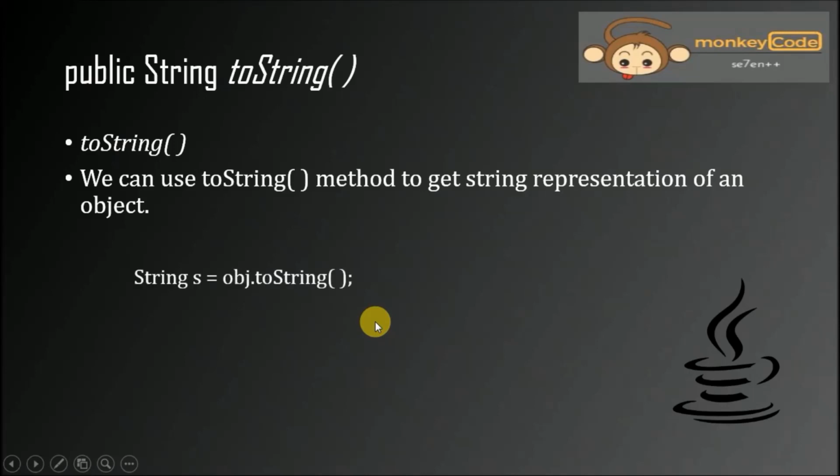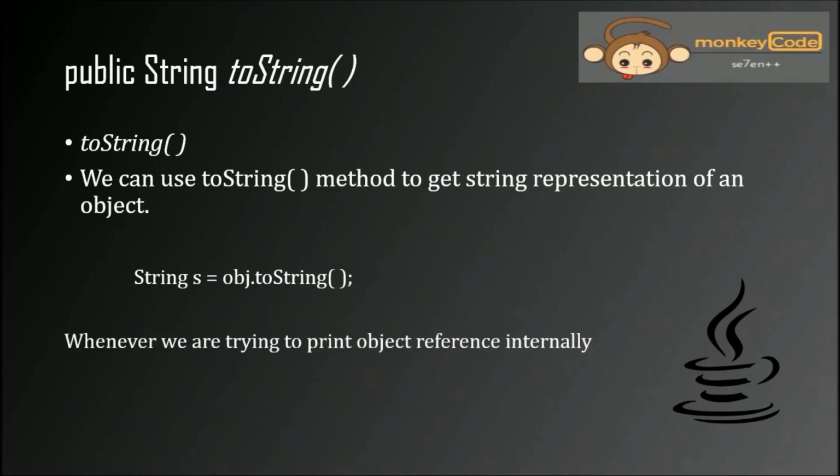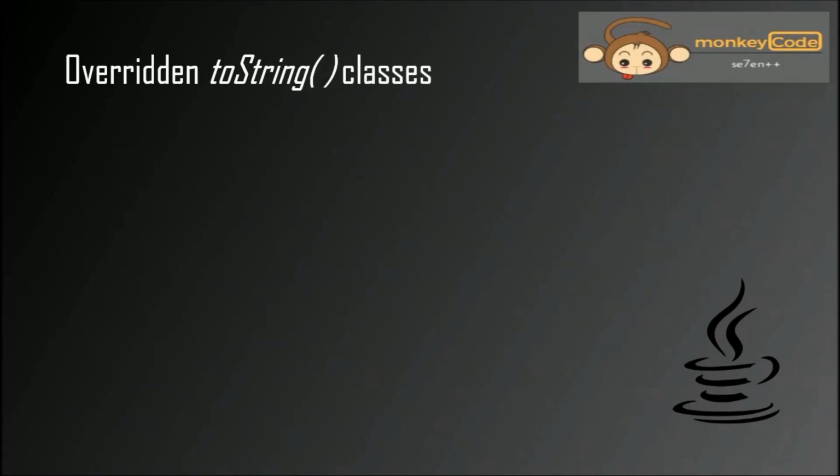String s equals object.toString(). This is our syntax. Whenever we try to print the object reference, the toString method will be called internally. This is very important to know because it will help us understand more about the toString method. That's why I'm telling you that. Internally, the toString method is called whenever we use the object.